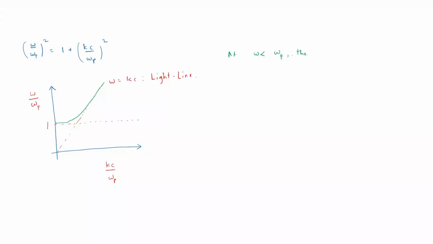The propagation of transverse EM waves is forbidden inside the metal plasma.